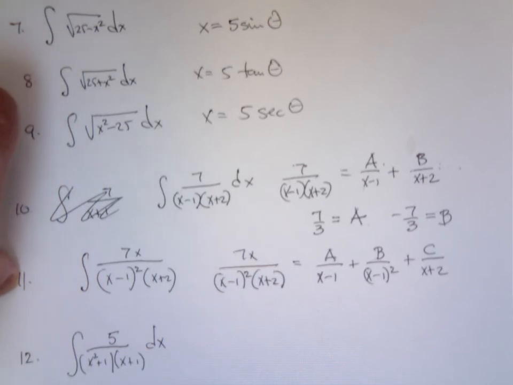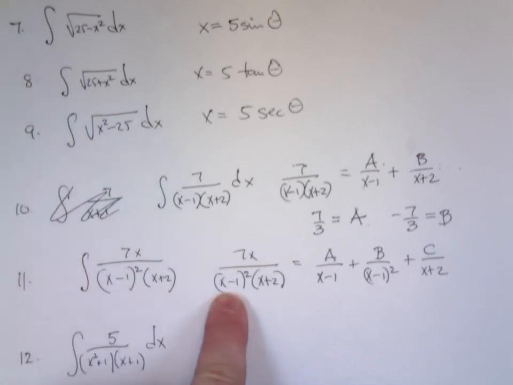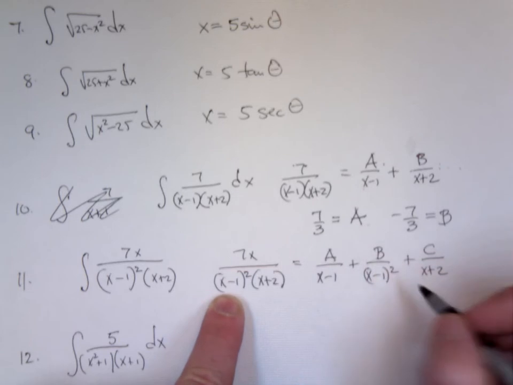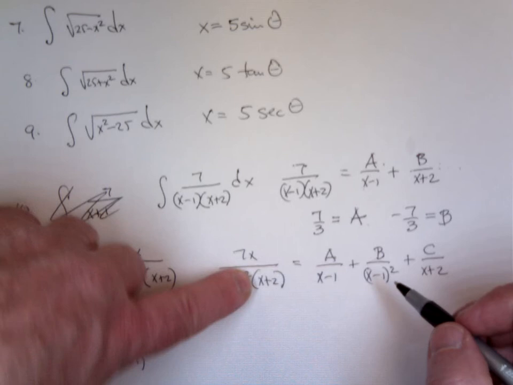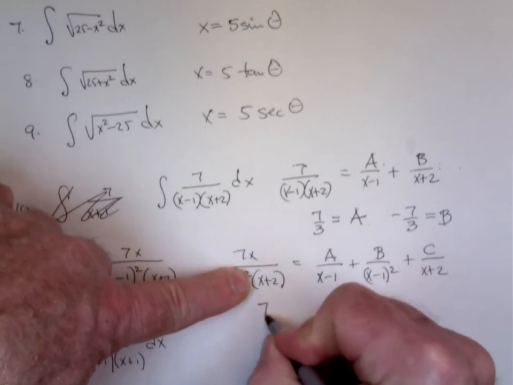Now, you cannot solve for A this fast way. If you multiply by x minus 1, you only get rid of one of these x minus 1s, not both. And then when you let x equal 1, you have a division by 0. So the thing to do is to solve for B and C. I can solve for B by multiplying through by x minus 1 squared, let x equal 1. We get 7/3.